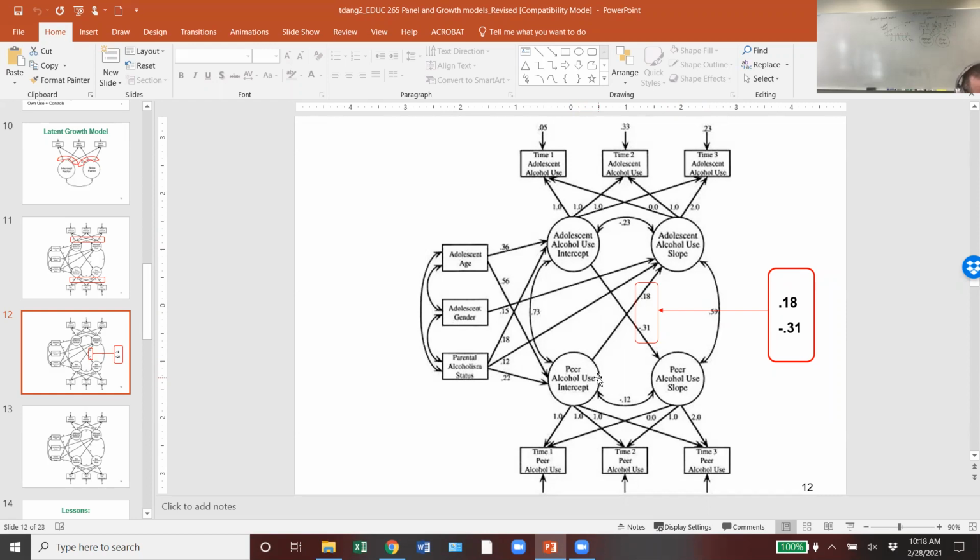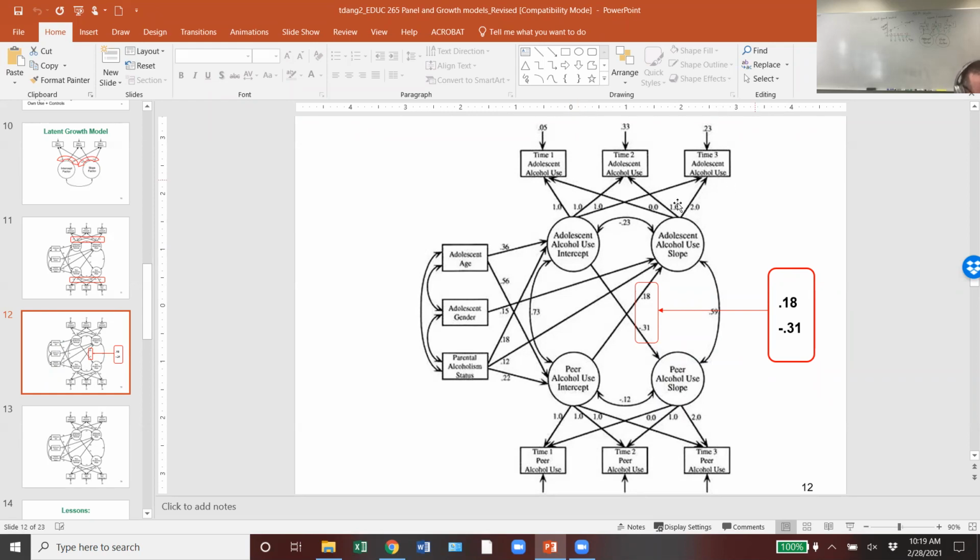So, not surprisingly, this path is 0.18 and significant, which suggests that your trajectory of alcohol use is a function of how much alcohol your peers used at time 1. This is a little strange. It's saying your peer alcohol trajectory, it's a negative coefficient. The slope is less the more you yourself used alcohol.